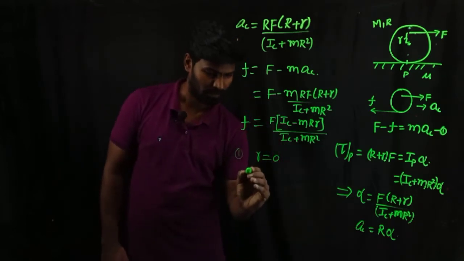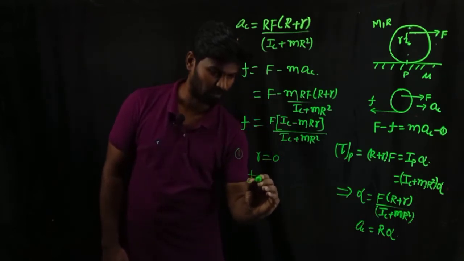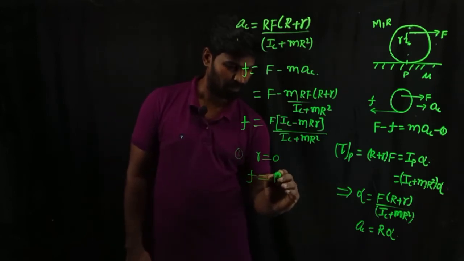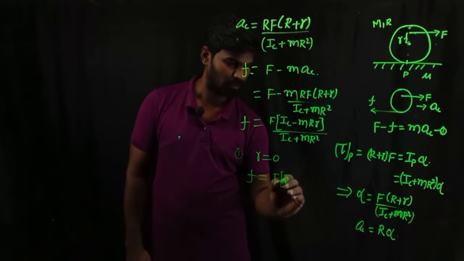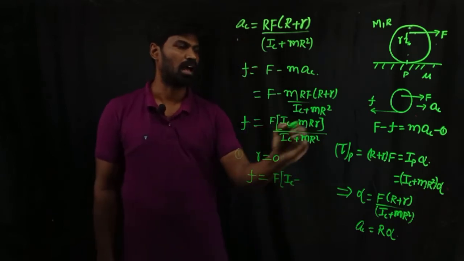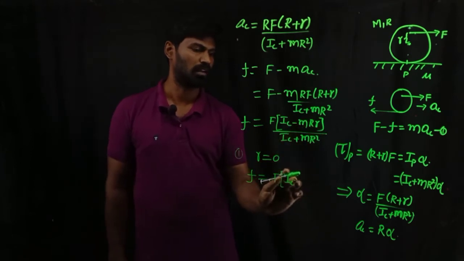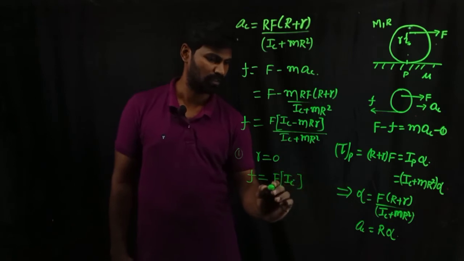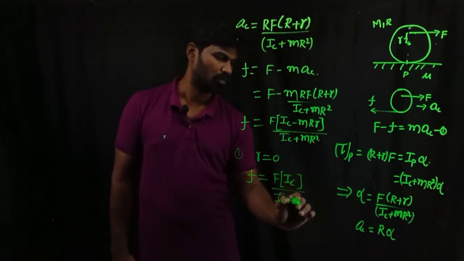For that purpose, again I will go back to the expression for frictional force acting on the body. F is equal to capital F into IC, minus, in this, you should substitute small r is equal to 0. When you substitute small r is equal to 0, this whole term will become 0 only. So f is F into IC divided by IC plus m into r square.